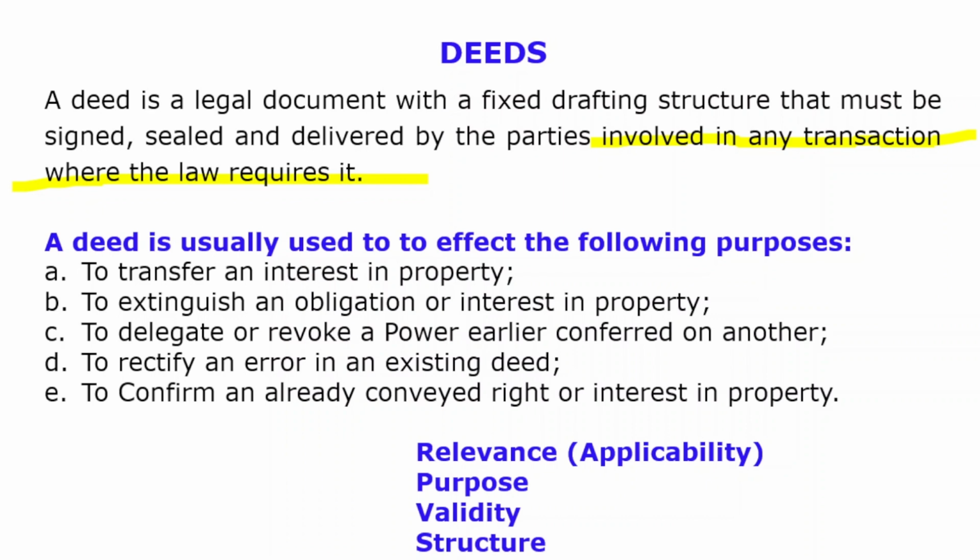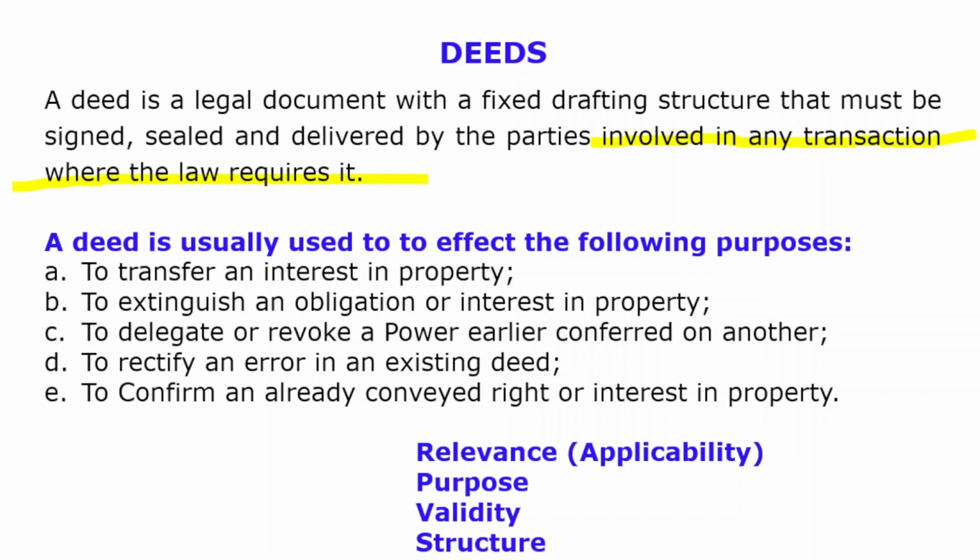In a sale of land transaction, the law requires that a deed of assignment must be prepared before you can say that legal interest has passed from assignor to the assignee. Now, parties cannot waive this requirement of law.